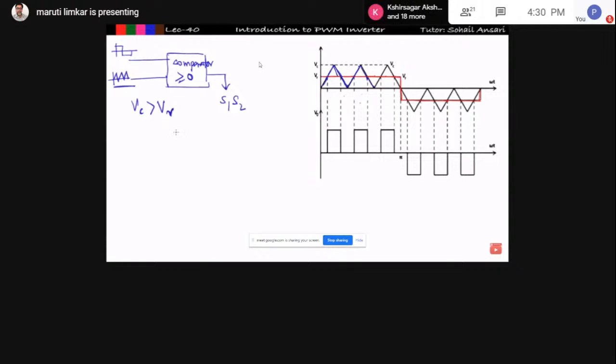For the negative half cycle, if minus VC is greater than minus VR, then trigger S3 and S4.